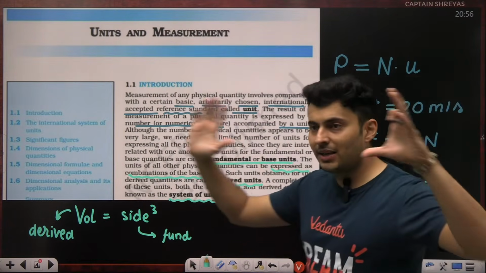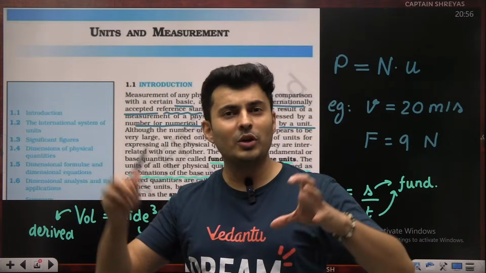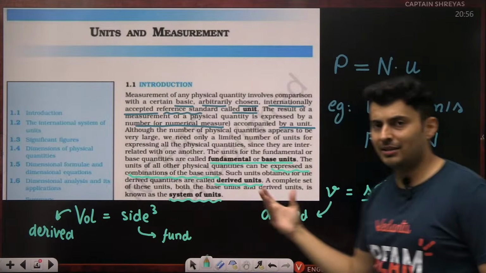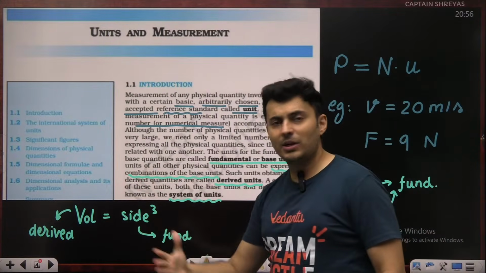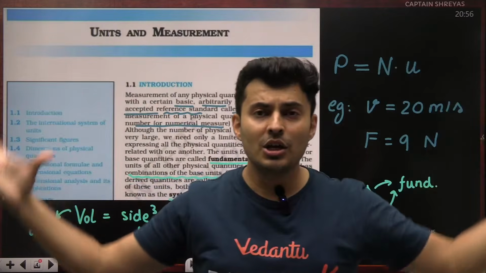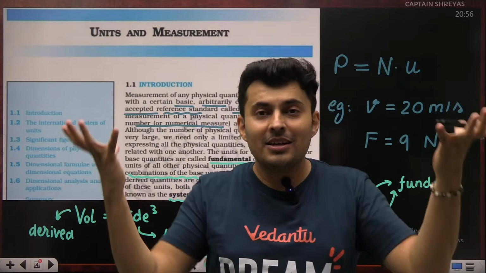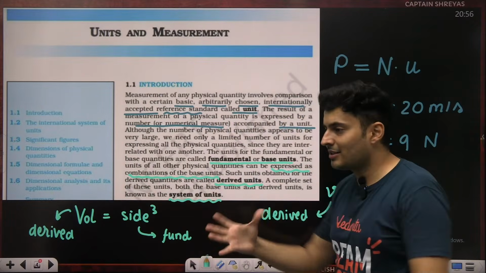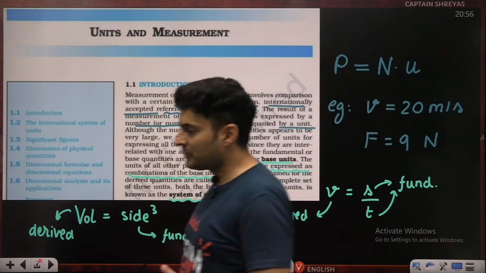So when you have a complete set of fundamental units like meters, centimeters, etc., and derived units like centimeter cube, meters per second, kilometers per hour, etc., the total set is called a system of units.